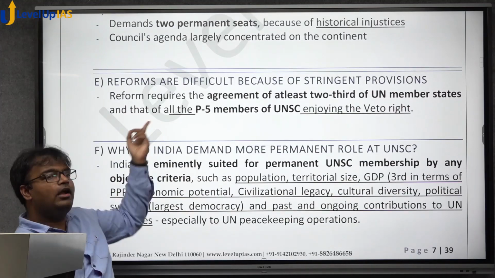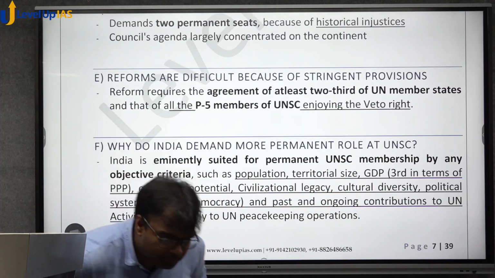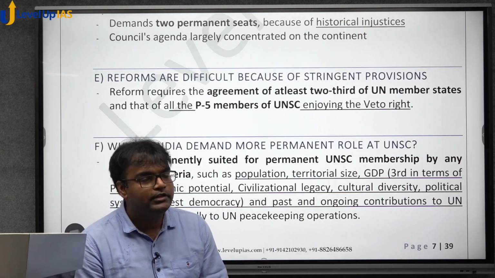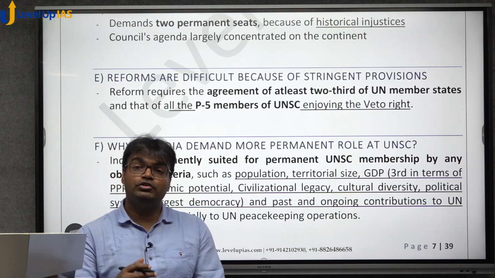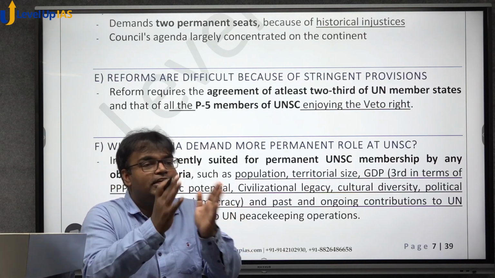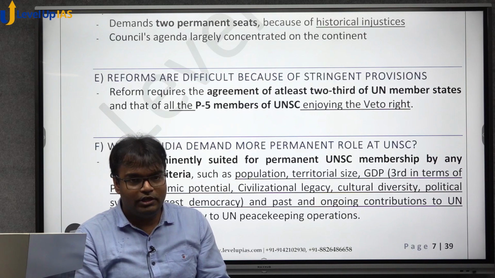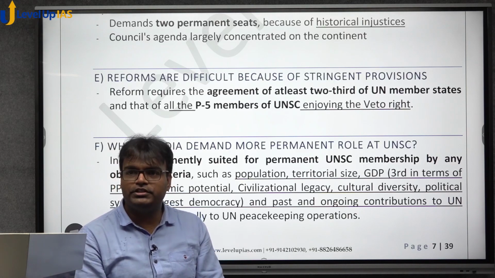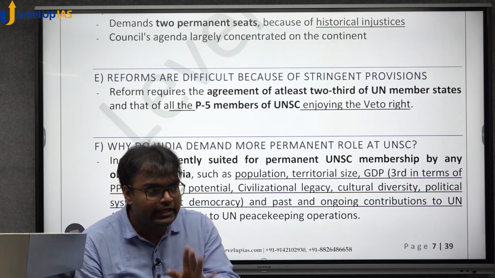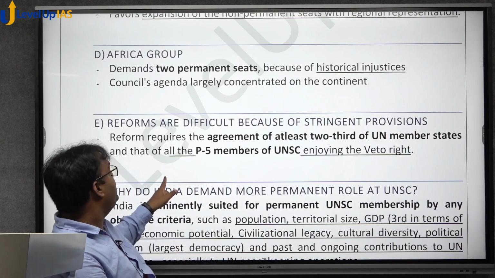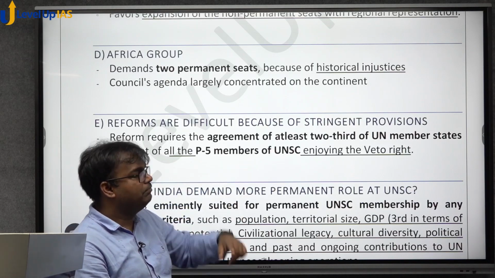Reforms are difficult not only because there are different kinds of demand. What type of reform should take place? Reforms are also difficult because for reform to take place, the support that is required is very high. For example, if you want to change the membership of the United Nations Security Council, the size of the Security Council, or anything like that, you should have the support of 2/3 of UN members and all of the P5 members.